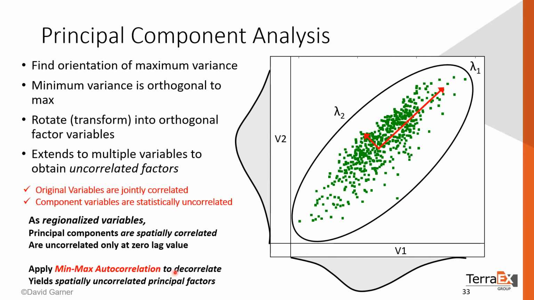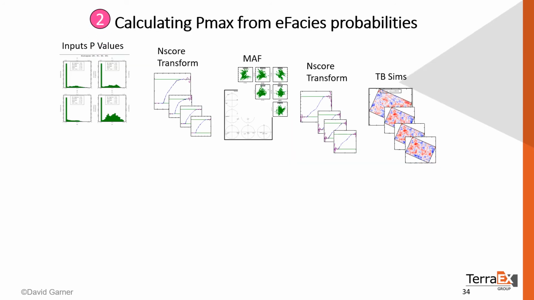So min-max autocorrelation is another method used to decorrelate, including essentially the variogram. And so here's the workflow we're going to use. What we have then is the input probability values.